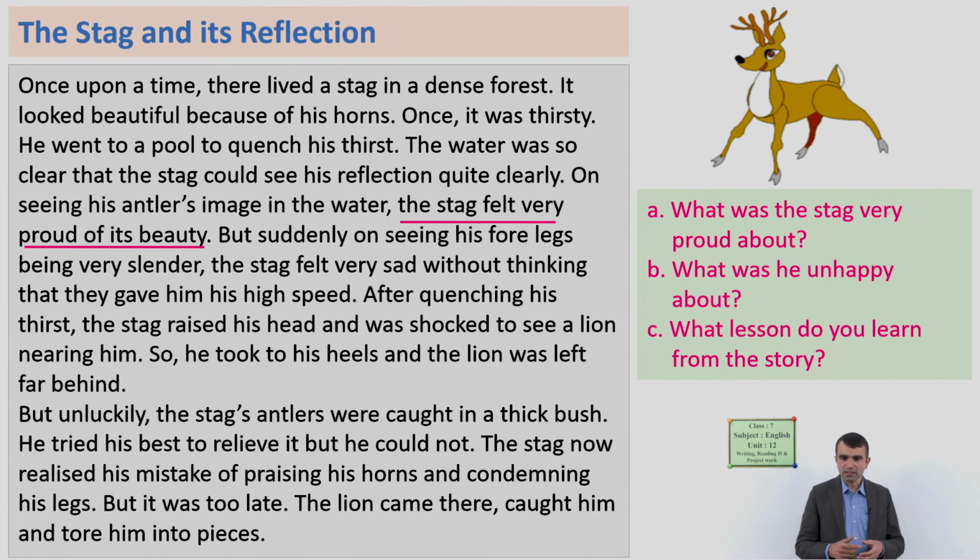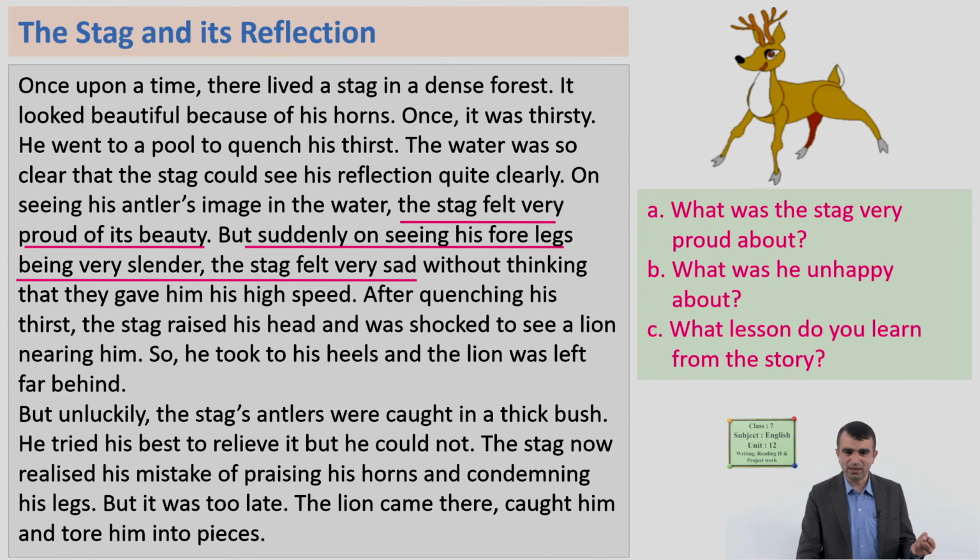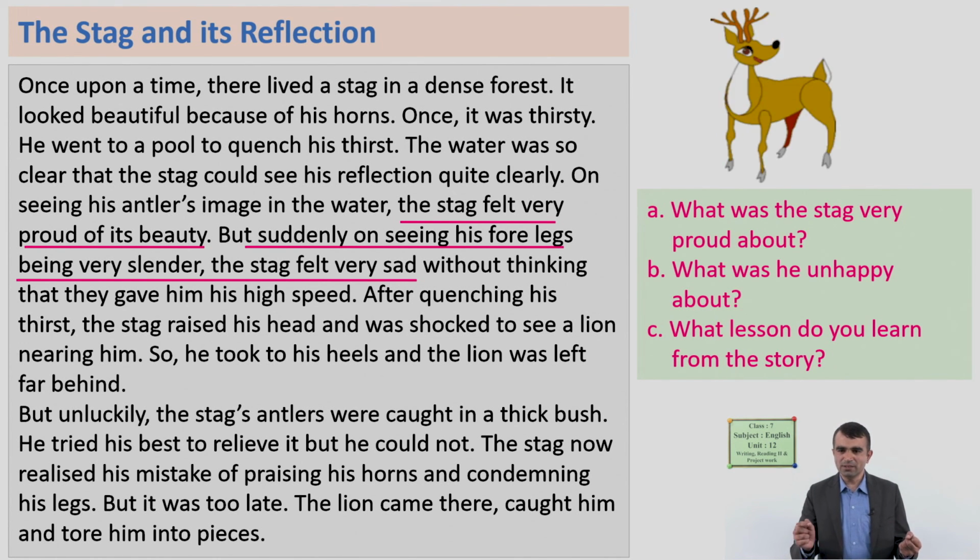Next, what was he unhappy about? He was unhappy about, can you find the answer? But suddenly, on seeing his four legs being very slender, the stag felt very sad. So he was unhappy about his legs, four legs.